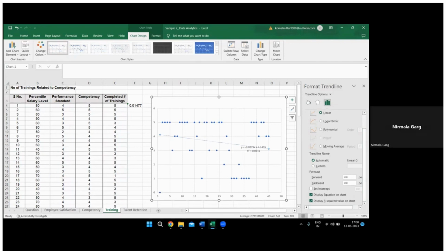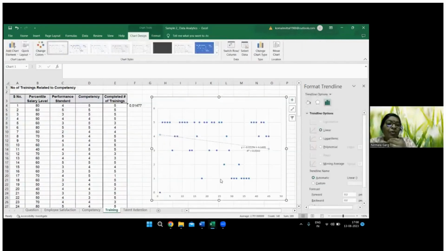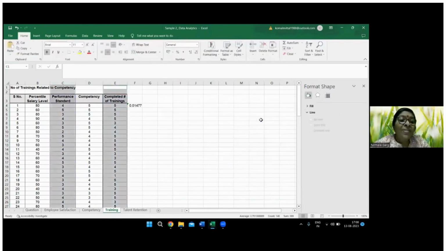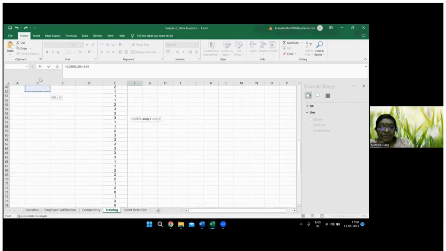So go to talent retention. Okay, one more thing here. Just go to training only. Let us see if there is any relation between competency and percentile mark salary level. That means the salary level of this person is at the 80th percentile of the market or the 60th percentile. Let us see if there is any correlation.